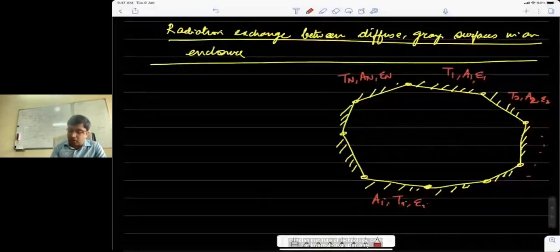So we can label all those surfaces. So the question that is being asked is, what would be the radiation exchanged by surface I with the rest of the surfaces in this enclosure?